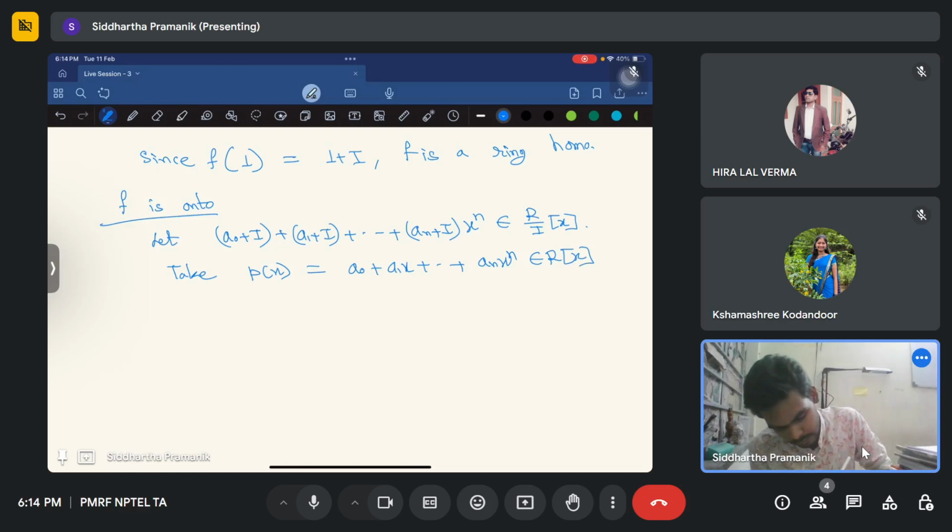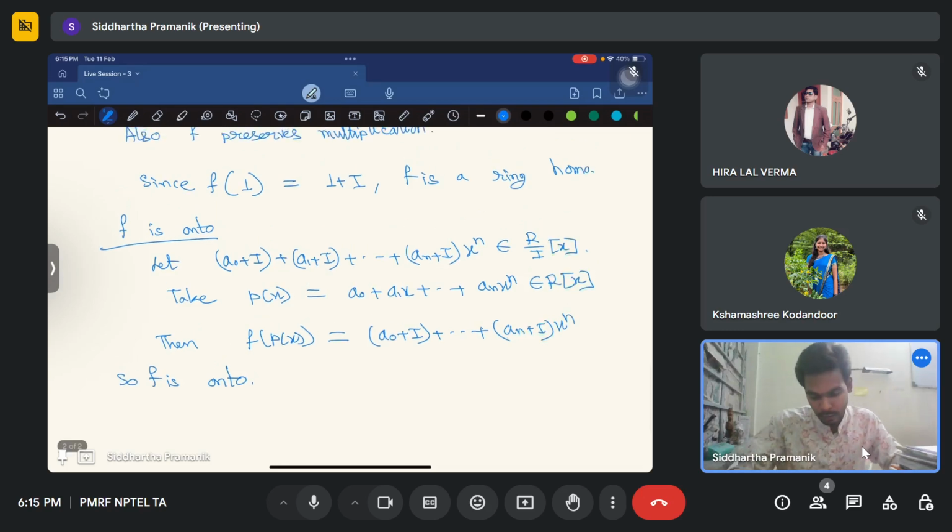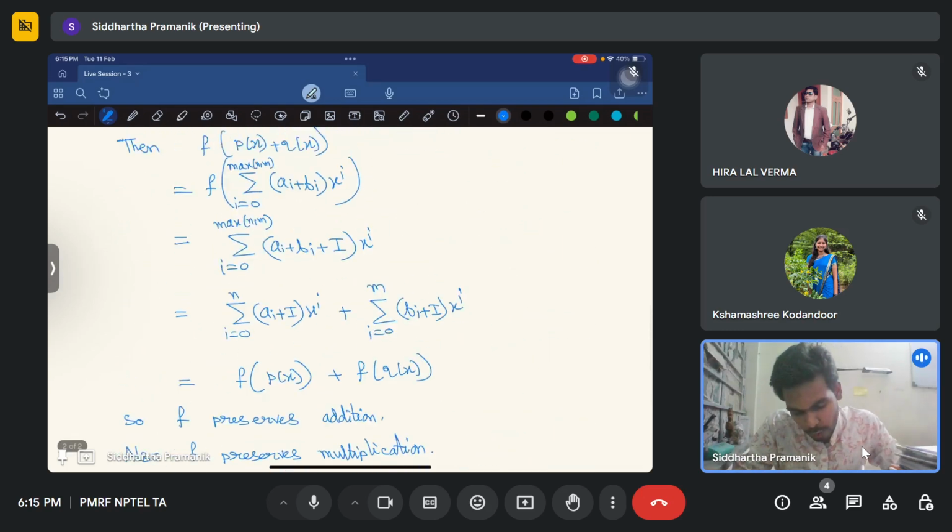And the image of this polynomial is nothing but (a0 plus I) plus ... plus (an plus I) x^n. So every element has a pre-image. So f is onto. Okay, so f is a surjective homomorphism.